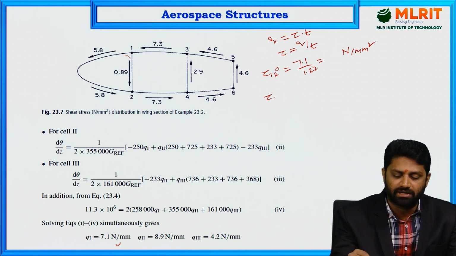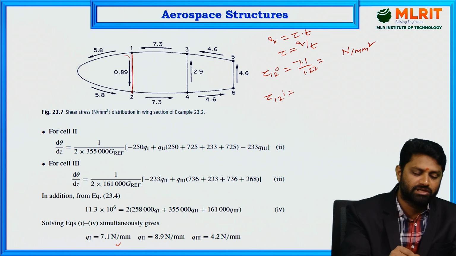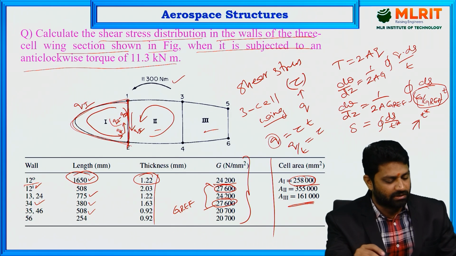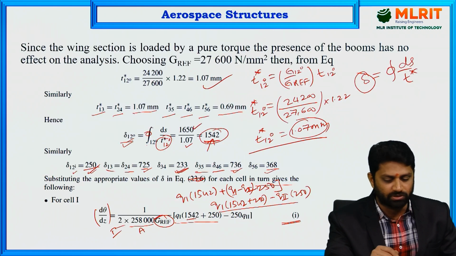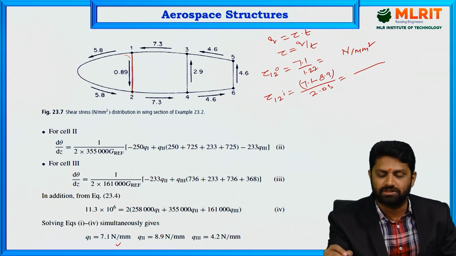Similarly, if you want to calculate the shear stress in wall 1 to inner, the shear flow in this wall will be Q1 minus Q2. So Q1 minus Q2 is 7.1 minus 8.9, divided by its wall thickness. The 1 to inner wall thickness is given as 2.03. So you write 2.03 and you will get the shear stress in the inner wall.